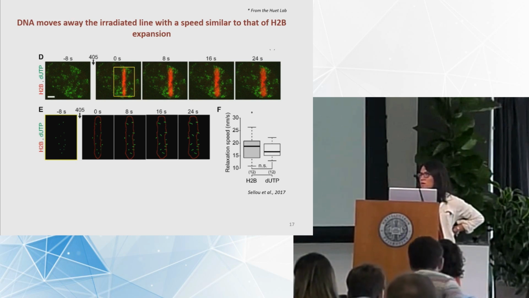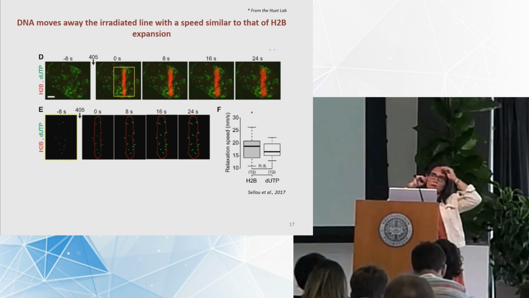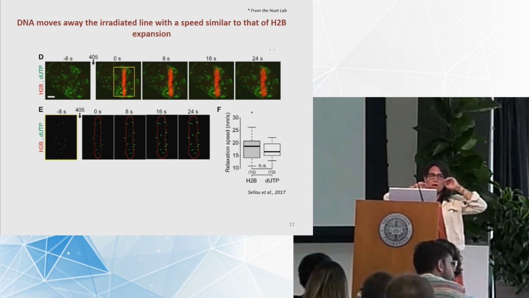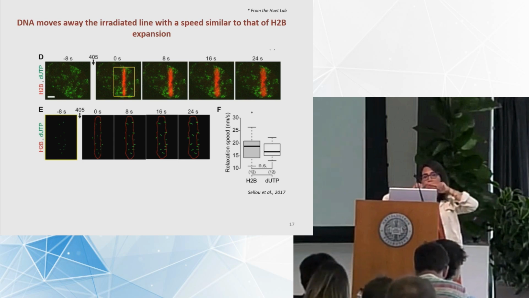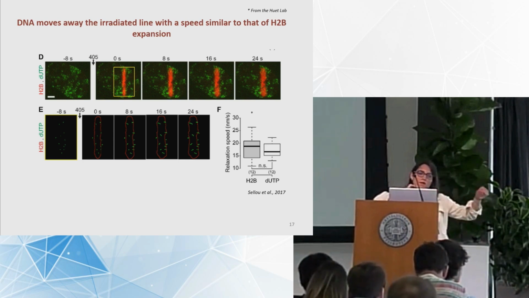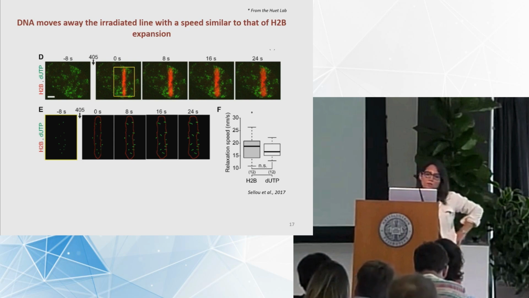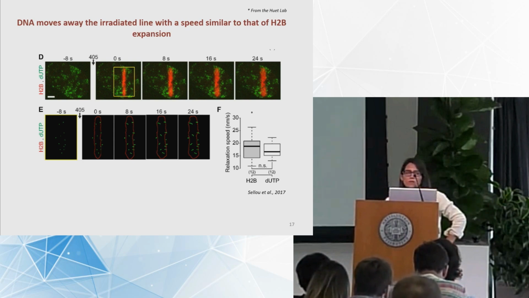So I don't know if I can answer your question with this, but for example, for the LACO array, we measure the distance between the LACO and the irradiation, and after irradiation, there is an increase of this distance. So it means that the LACO is moving away, and then it comes back. Yeah, I think there is this repulsion.